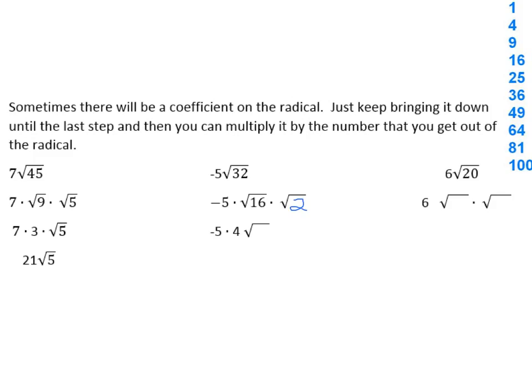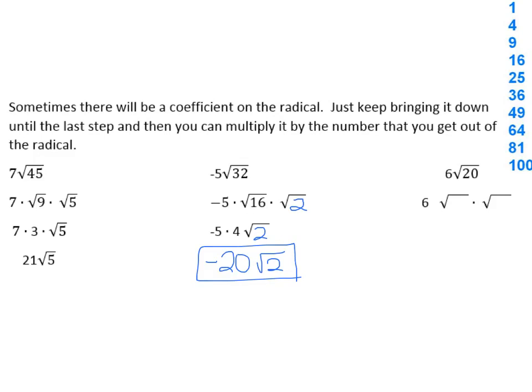Okay, so the square root of 16, that one comes out nice. That's just 4, but the square root of 2 stays put. Okay, and then your very last step, since you were able to pull some of that part out of the radical, you have that 4 times that negative 5, so your final answer would be a negative 20 square root of 2.